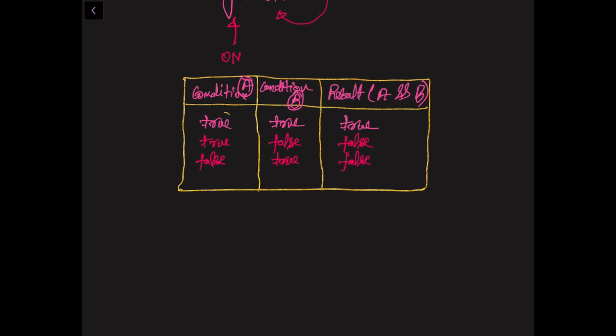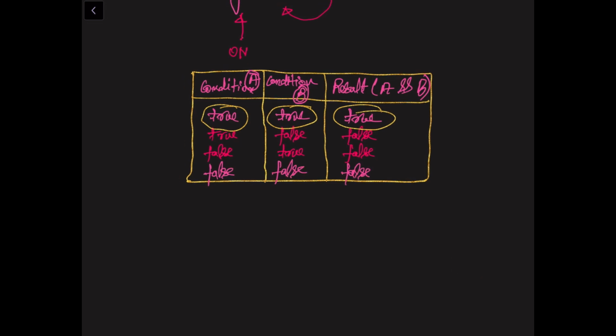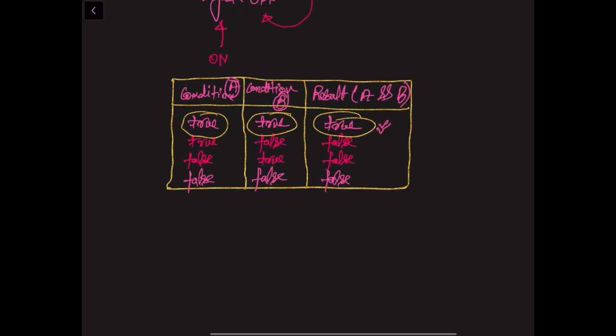If condition A is false and condition B is false, the result will be false. So we have only one combination that is true, when both condition A and condition B are true.